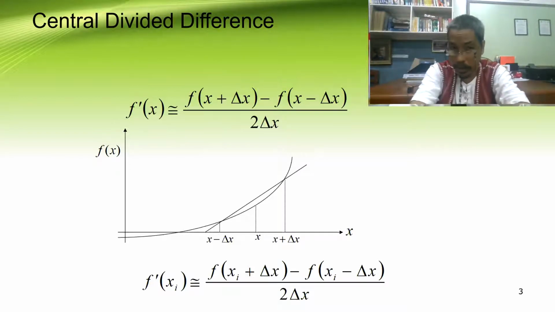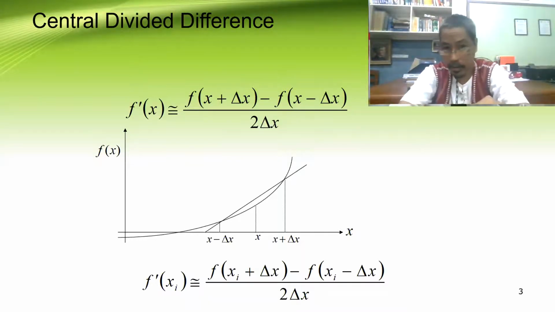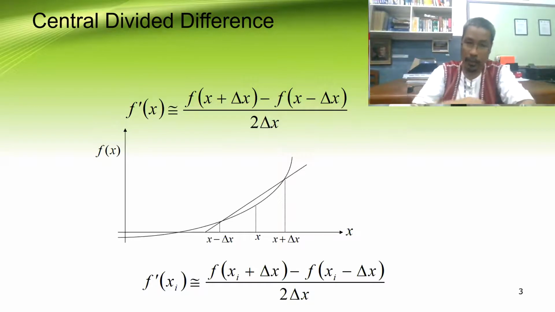Take note of the symbol f prime x is approximately equal, that is the symbol, for what? Numerator of f of x plus delta x minus f of x minus delta x. So meaning we add delta x and subtract delta x.